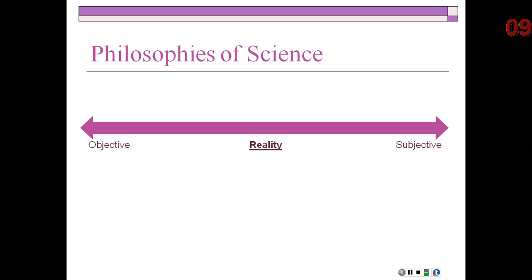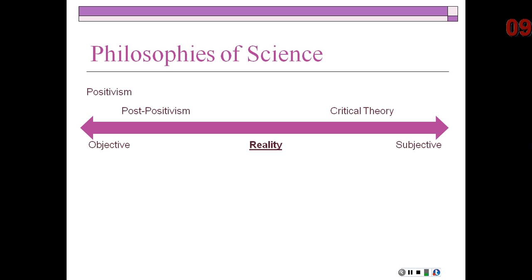So if we look at it in terms of what reality is, or truth, where we have objective on one end and subjective on the other, positivism would be on the far end of objective. So reality is objective, and we can figure that out with our science. Post-positivism is a little closer in, but it's still right there.